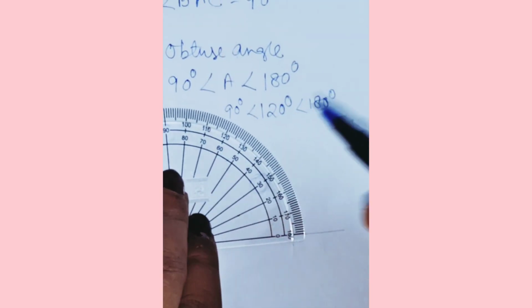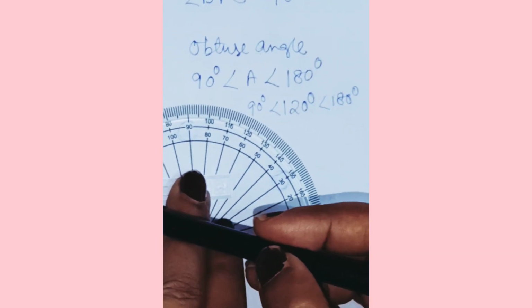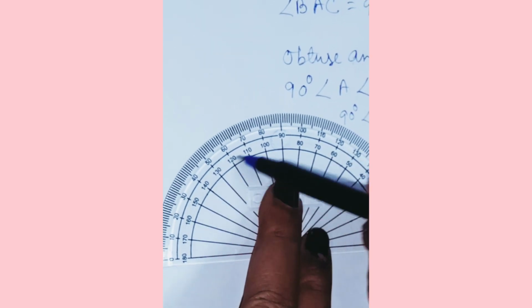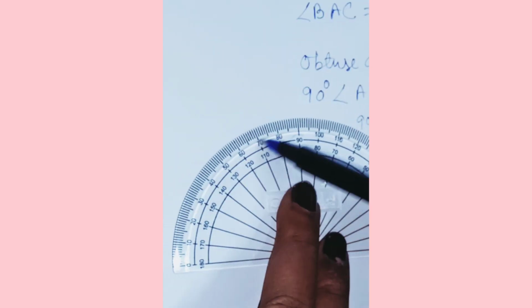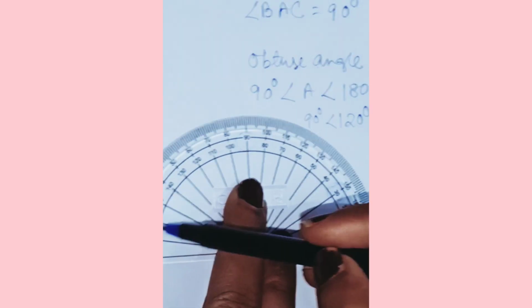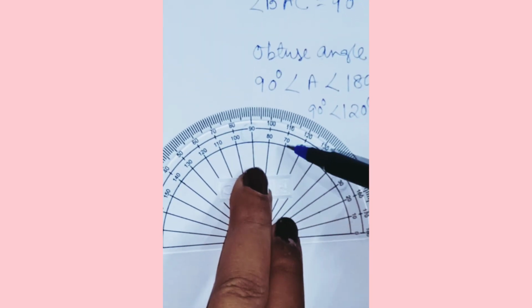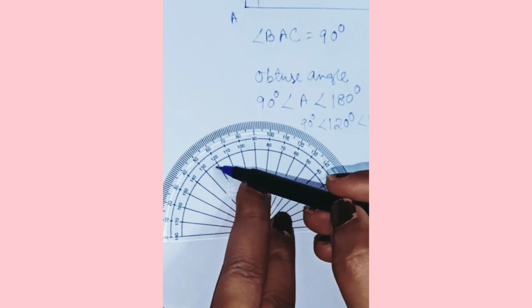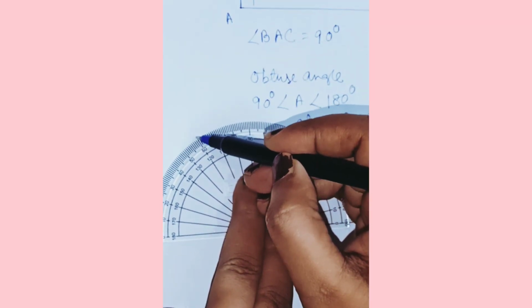All the students, listen very carefully. You have to observe the inner scale. That is called the inner scale, and that is called the outer scale. When you draw the angle, you have to use the inner scale. Then where is 120? Here.